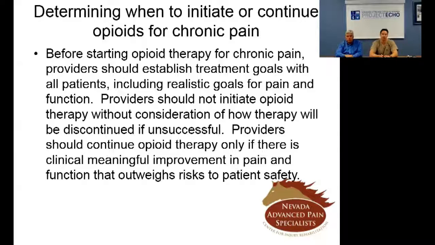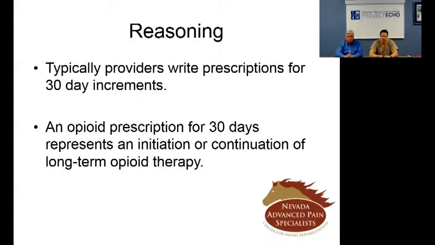Providers should continue opioid therapy only if there is clinically meaningful improvement in pain and function that outweighs the risk to patient safety. The reasoning behind this is that the CDC points out once again that there is no data to state that long-term use of opiates will help provide patients with pain relief, improve function, or quality of life.